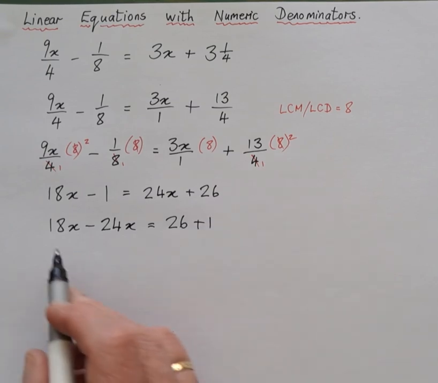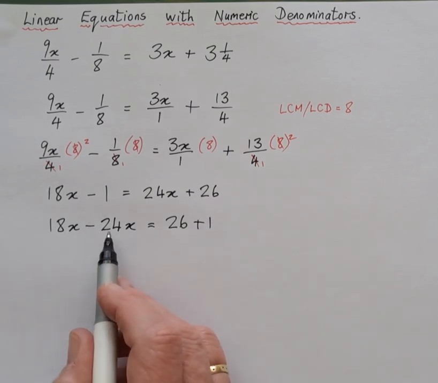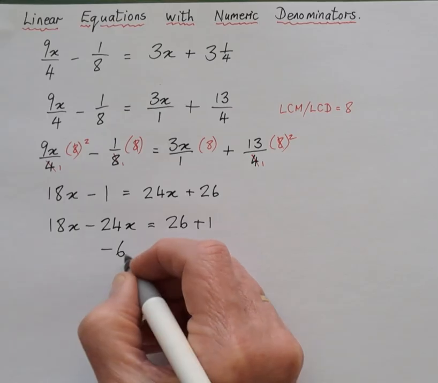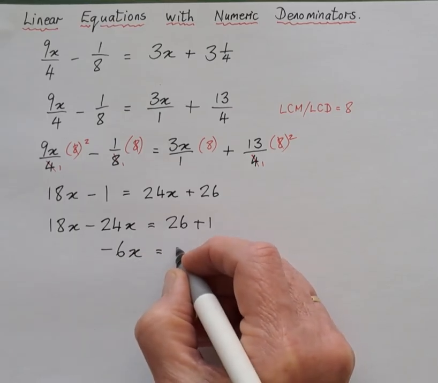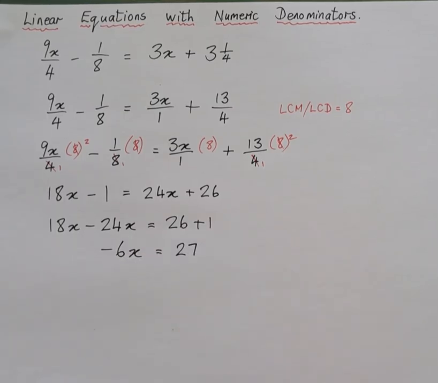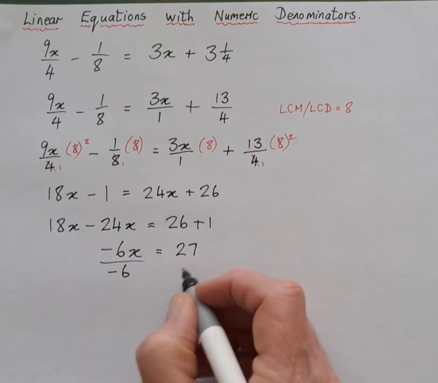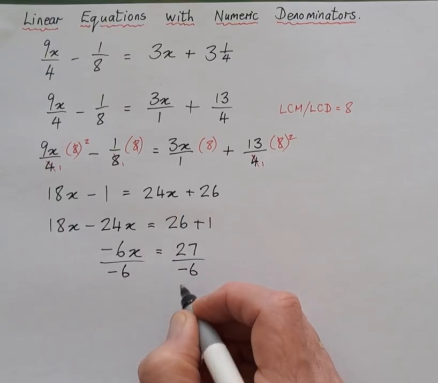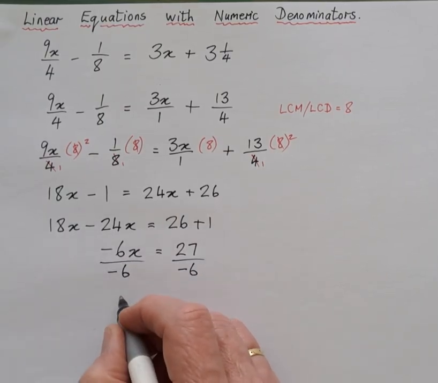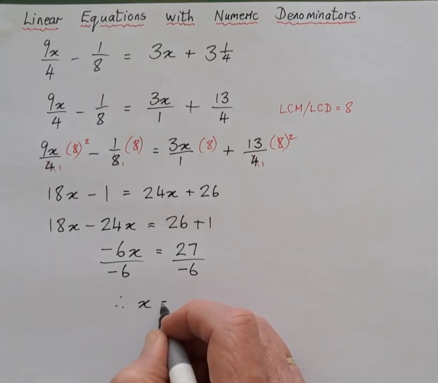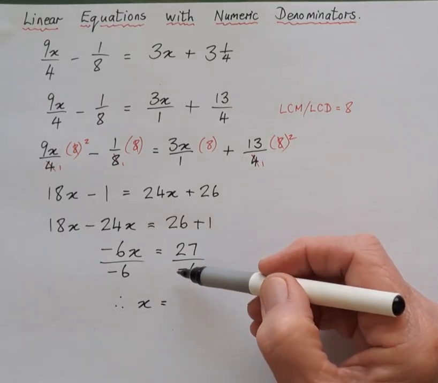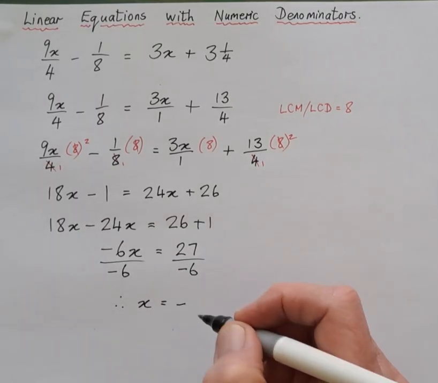Simplifying this down, 18 minus 24 is negative 6x, equals 27. And then remember that we don't want to solve for negative 6x, we want to solve for x. So whatever that coefficient is, we divide by exactly that thing. So this is going to come out to be x, and now I've got a positive divided by a negative, which is a negative.